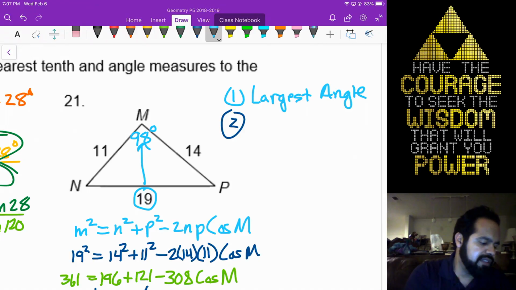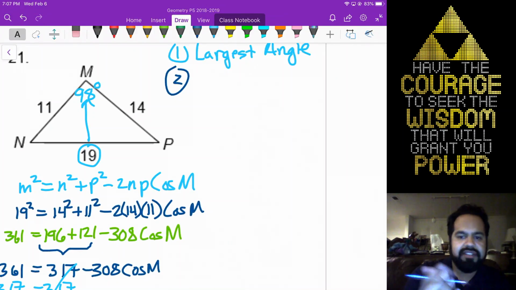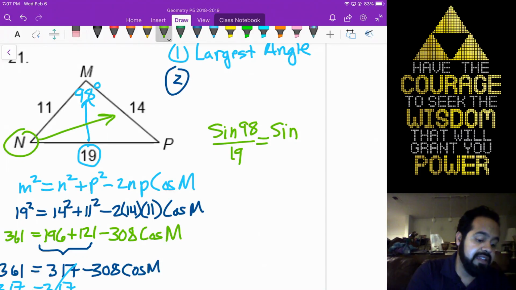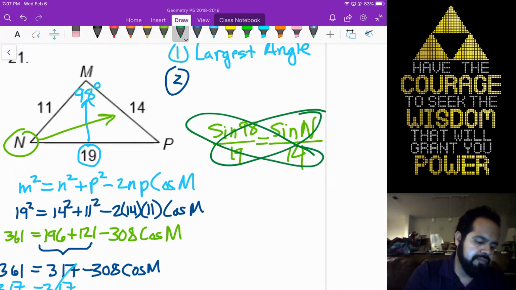Okay, so let's say we solve for angle n. So I would say sine of 98 over 19 equals sine of n over 14. I literally told you guys don't ever put a side length in. Cross multiply and solve. So 19 sine of n equals 14 sine of 98.